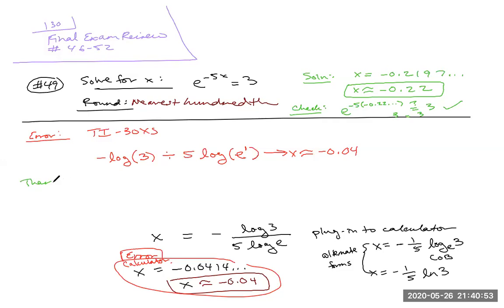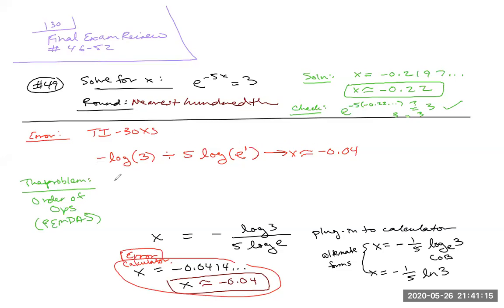The problem is order of operations, PEMDAS. What this is doing, it's taking my negative log of 3, it's dividing by 5, and then it's multiplying log of e to the first.